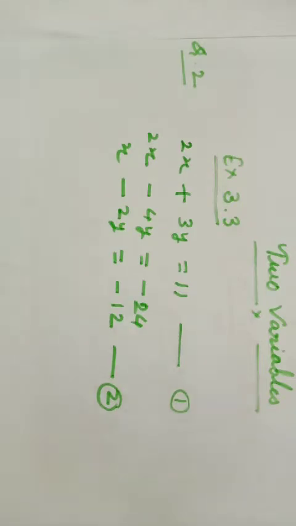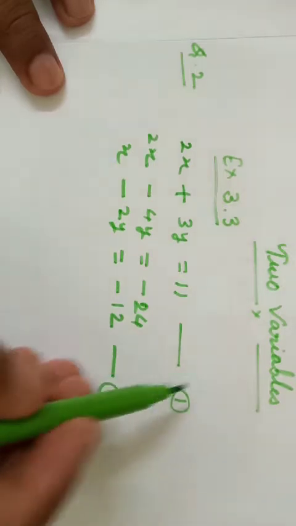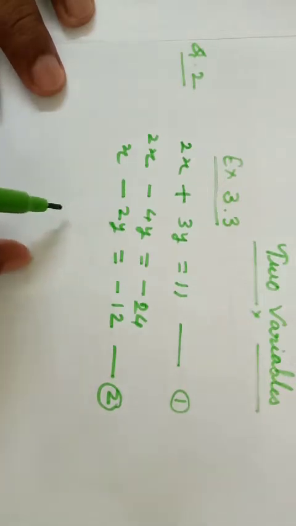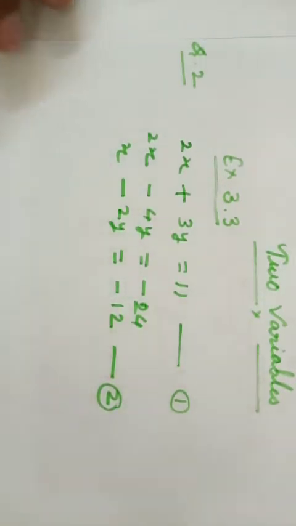Now using the substitution method, get the value of x or value of y from any of the equations. This time we are getting the value of x here. Not always should you get the value of y, sometimes you should get the value of x also.